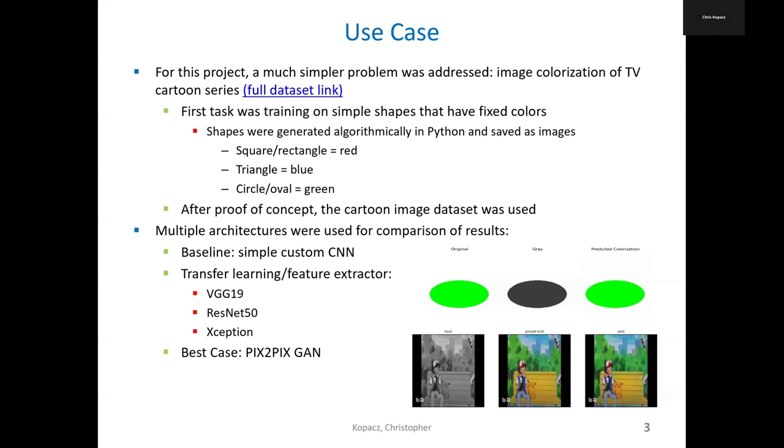For the other three models, model two, three, and four, the encoder portion of the overall model is replaced with a pre-trained base model that's open source. Model 2 is VGG19. Model 3 is ResNet 50, and Model 4 uses Xception as the base model for the encoder.